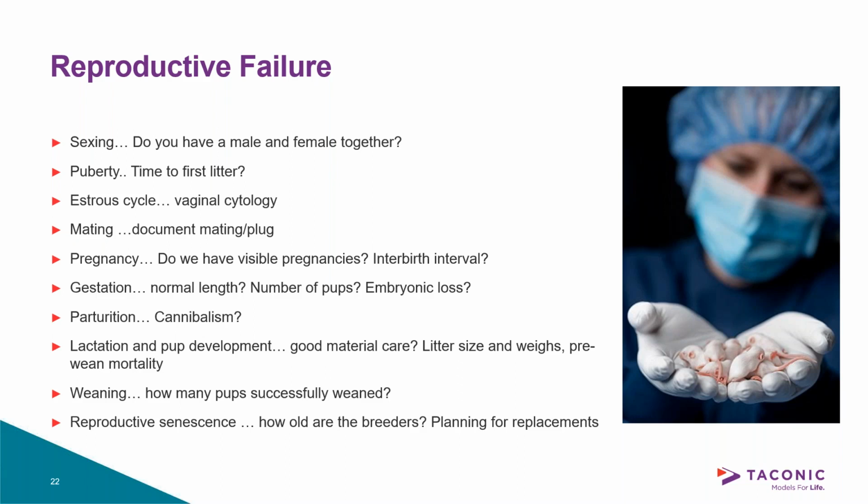So plan for those replacements, and plan them to turn over in a more regular pattern instead of an all-in, all-out. If you always have a small percentage of rats ready to replace the older ones, that ensures you'll have a steady supply to meet your research needs.